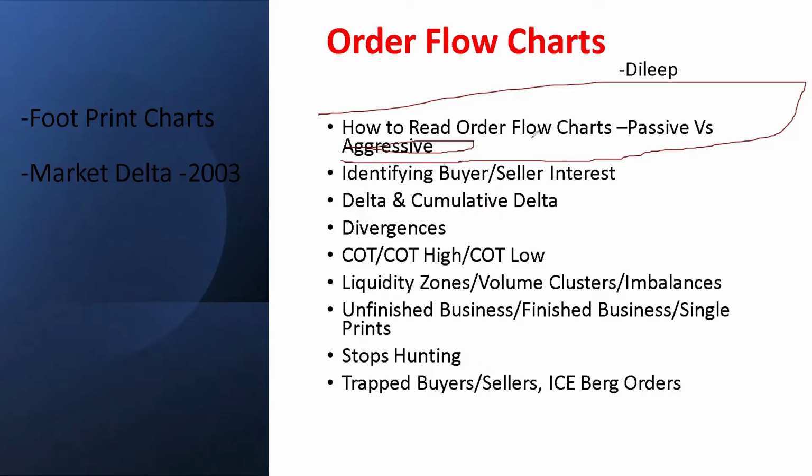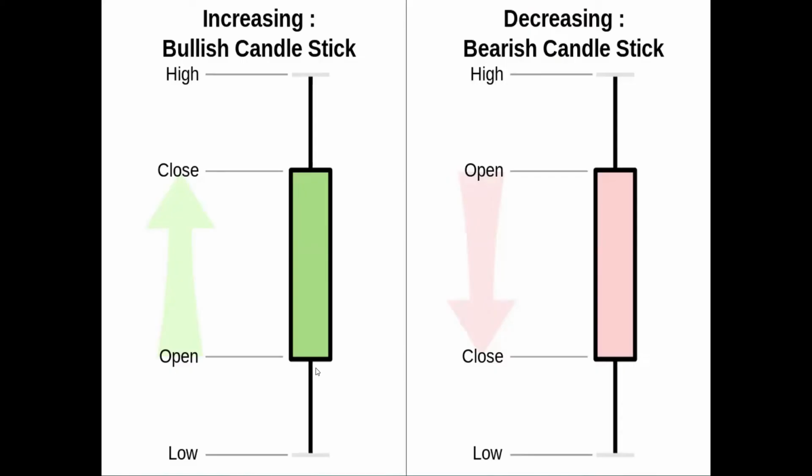Let's start with how to read an order flow chart and what is the difference between the passive and aggressive trader. I hope you understand what these two candles are. One is a bullish candle, one is a bearish candle. Basically, the price opened at some lows and then the price was sent lower by sellers, and then buyers came immediately, pushing the price higher to the higher highs, and then at the highs some sellers came in and closed the price above the opening.